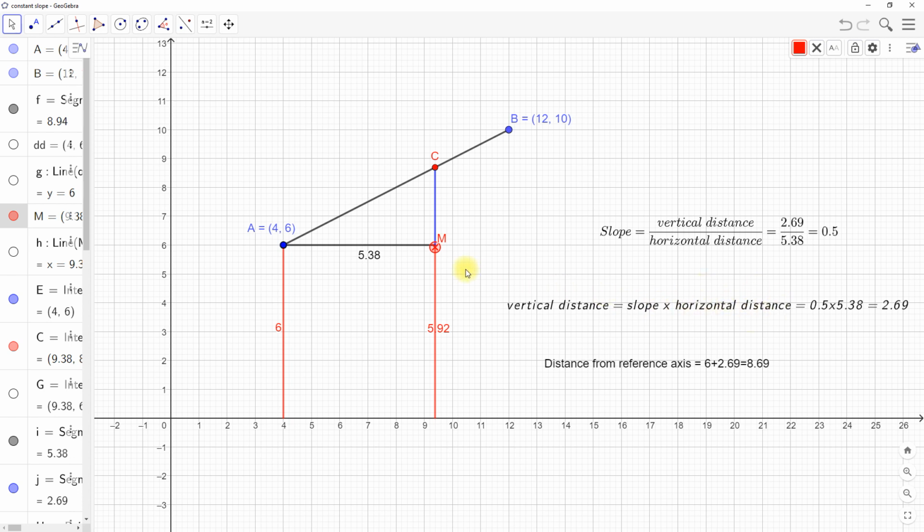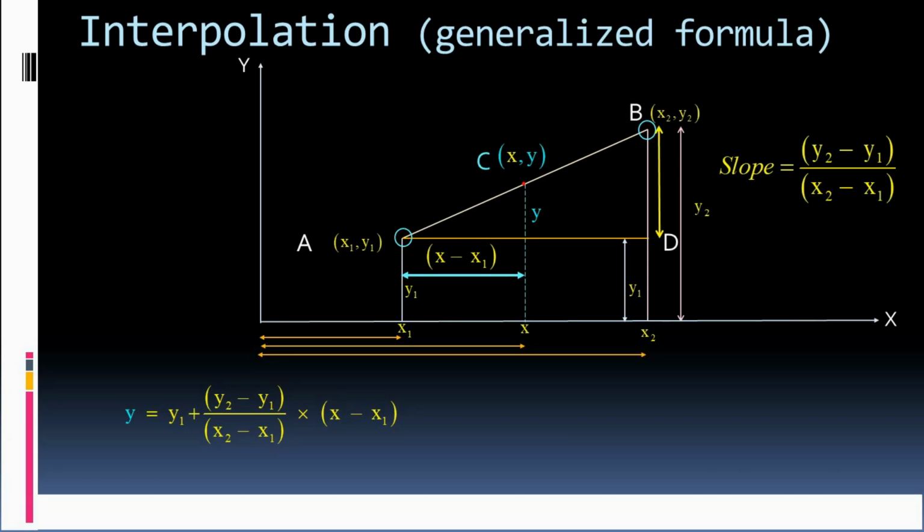Now, if we know the slope and the horizontal distance, we can find the vertical distance. Knowing the vertical distance CM as shown here, we can find the interpolated value y, which is equal to CM plus 6, where 6 is the coordinate of A, which is y1.